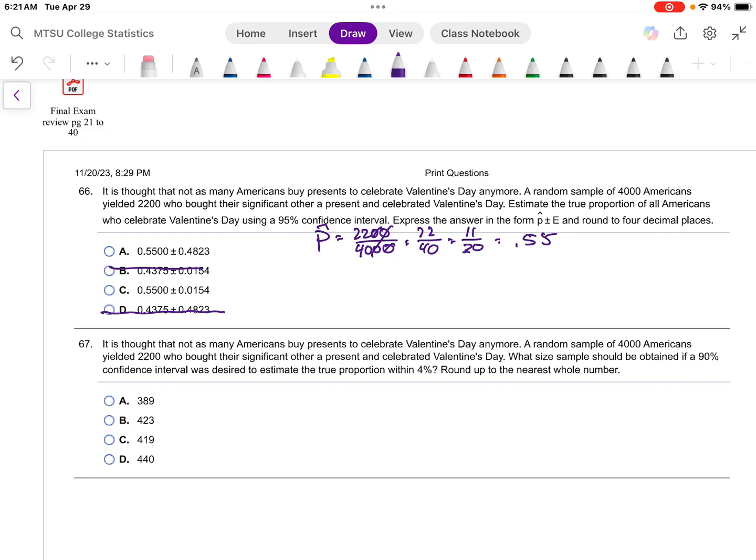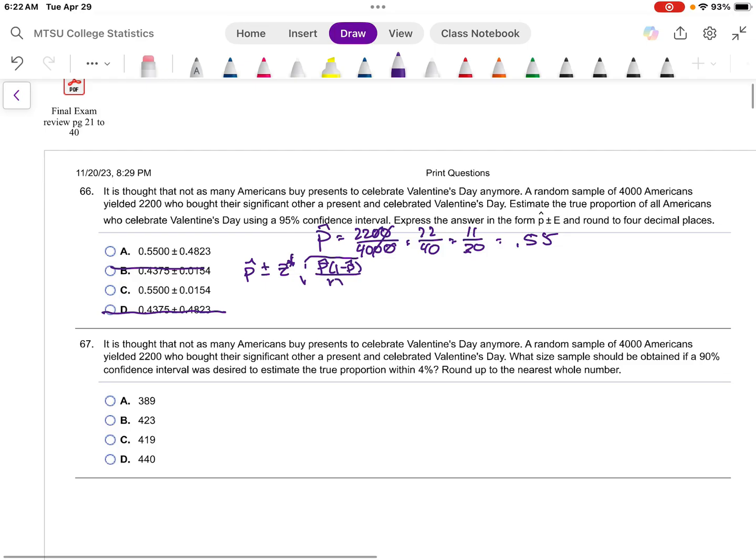For a 95% confidence interval, again, it's proportions, so we would use p hat plus or minus z star times the square root of p hat times 1 minus p hat over our sample size. So this one would be 0.5500 plus or minus the z star for our 95% confidence interval, 1.96, times the square root of, again, our 0.55 times 0.45, because that's what 1 minus 0.55 is, over 4,000.